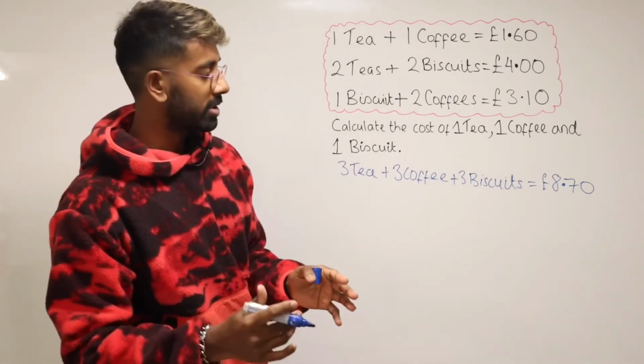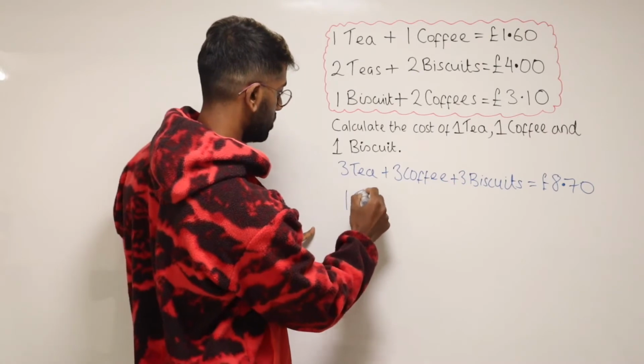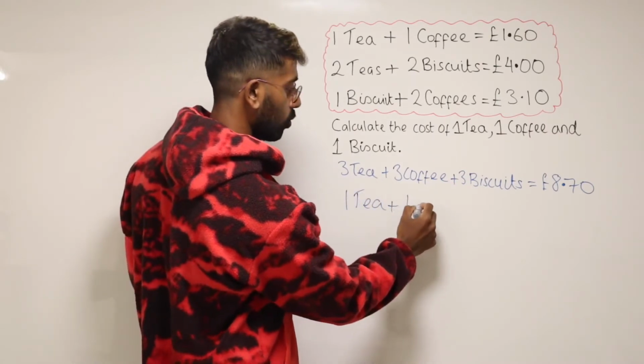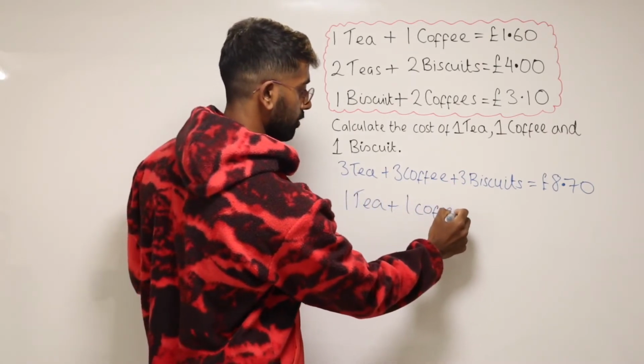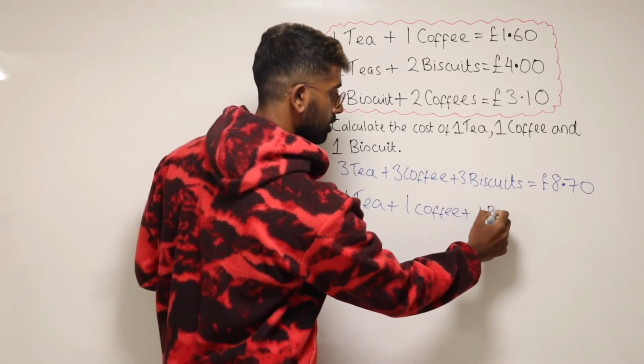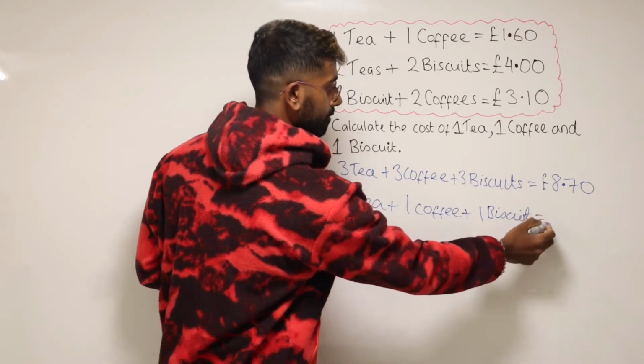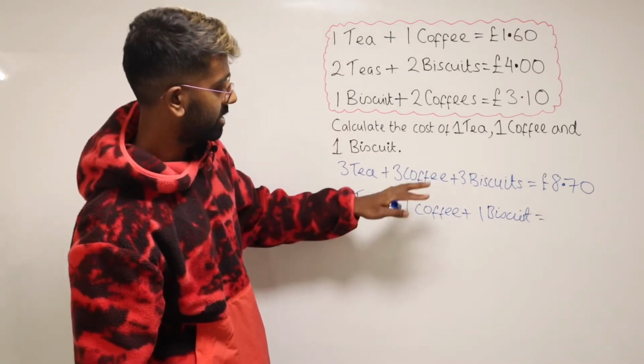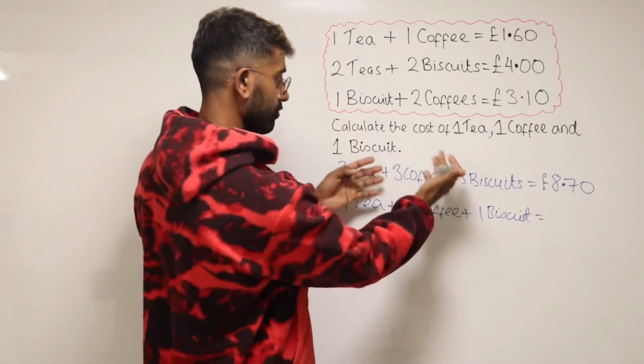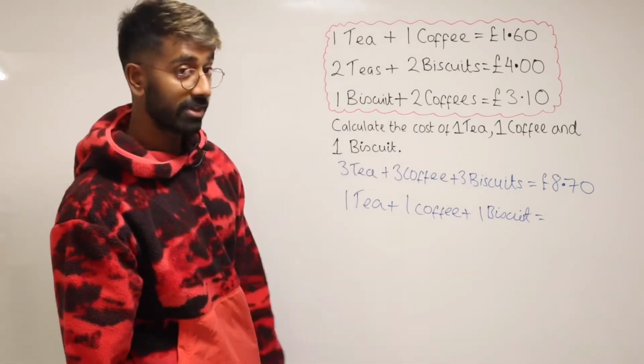So if we just wanted the price of 1 tea, 1 coffee, and 1 biscuit, then all we need to do is divide this by 3 because there's 3 times as many things over here.